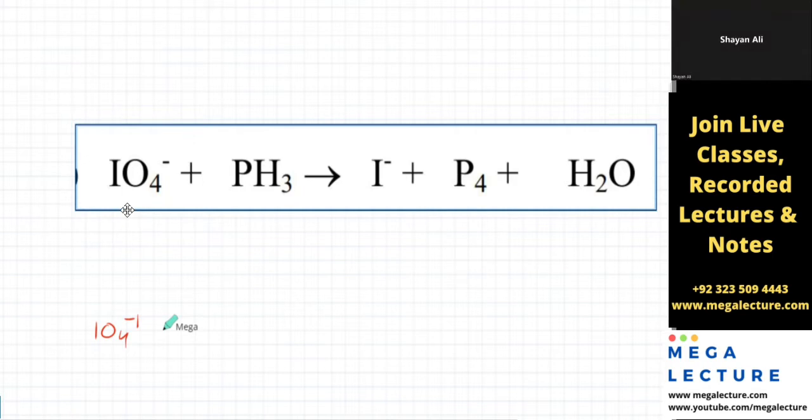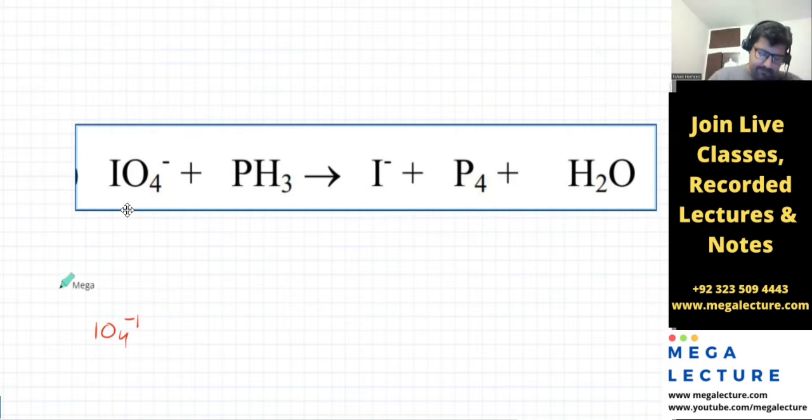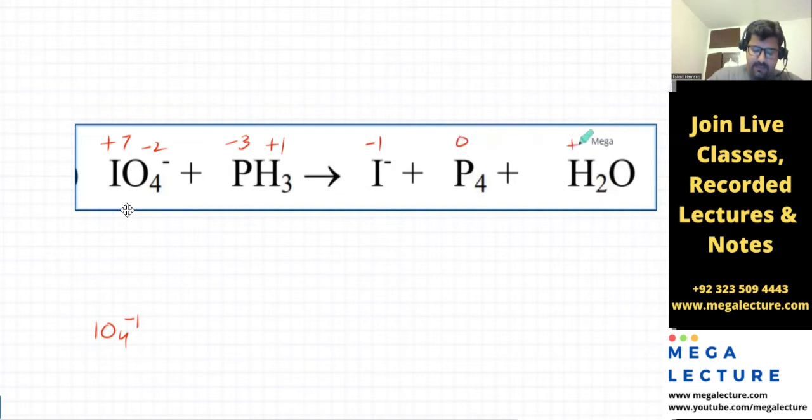It's +7. This one is +7. O is -2. What's PH3? That's -3. I is -1, so it is -1. P4, an element, is neutral, that's 0. And H is +1 and O is -2. Okay, we now know all of them.